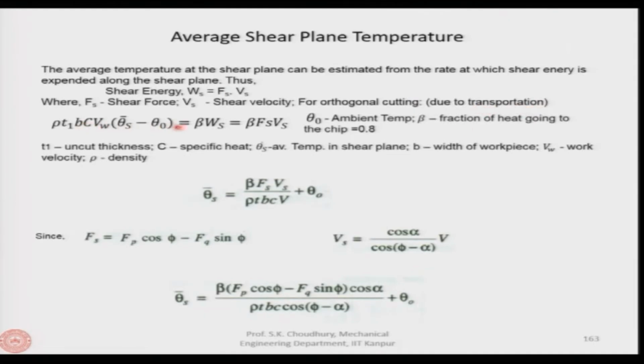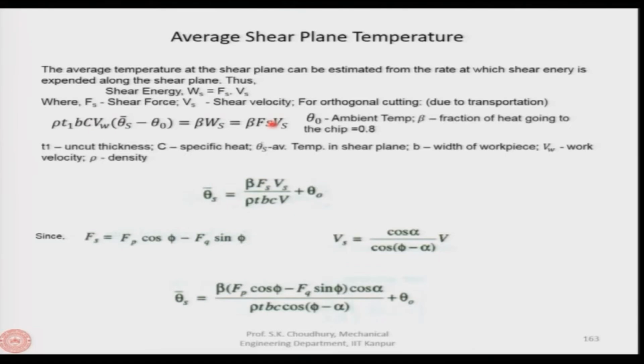This is the equation we have from thermal engineering, and 80% of that heat, with a coefficient of 0.8, is the fraction of heat going to the chip. This is the energy, which is equal to Fs into Vs.